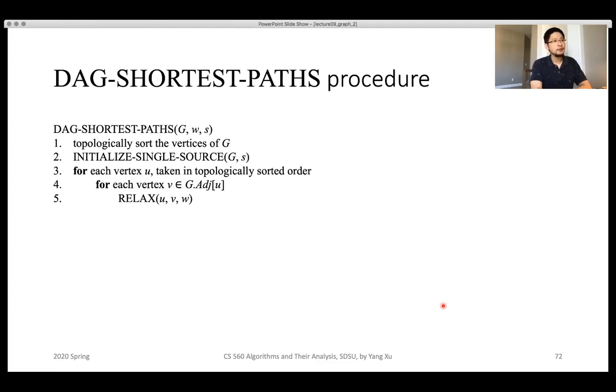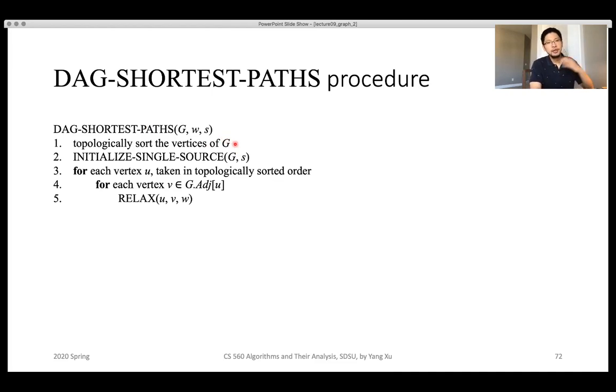If we implement the algorithm I described in the previous slide, it can be written as the procedure DAG-SHORTEST-PATHS, which takes the graph, the weight, and the source vertex S as input. Line 1 is just a topological sort; we call topological sort on the graph.